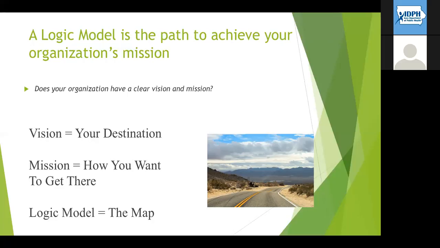One of the things that we talked about when we were doing sustainability training is the foundation of not only sustainability training, but everything that you do and everything you mobilize your board, your volunteers, and the community to do is rooted in the fact that everyone has to understand and have a shared vision of what it is that you're trying to accomplish. So it's really important that your organization has a vision, your finish line, that's your destination. Your mission is how you want to get there, and the logic model is the map.